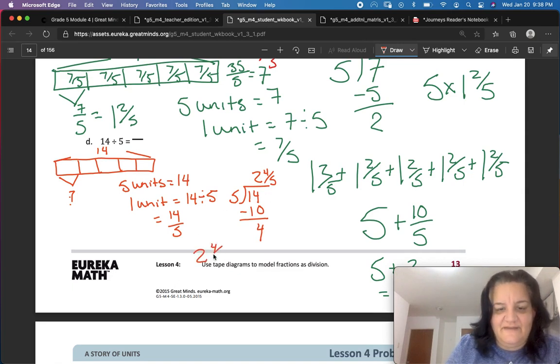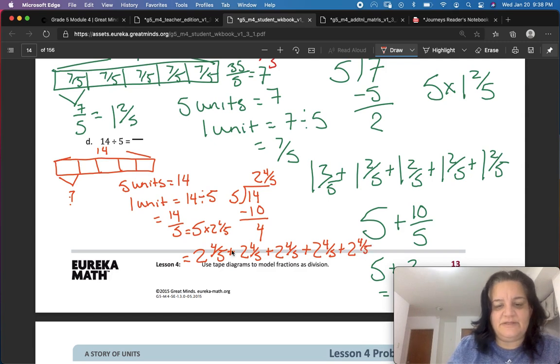Okay, let's see if that jives. 2 4/5 plus 2 4/5 plus 2. Oh, do you guys see what I'm doing? I'm multiplying these to check my answer. 5 times 2 4/5. That's what I'm doing. Okay. 2 4/5 plus 2 4/5 plus 2 4/5. So I can add my whole numbers. 2, 4, 6, 8, 10.